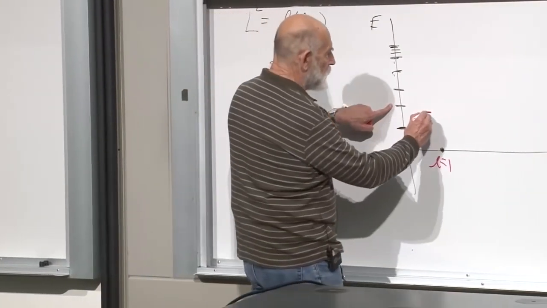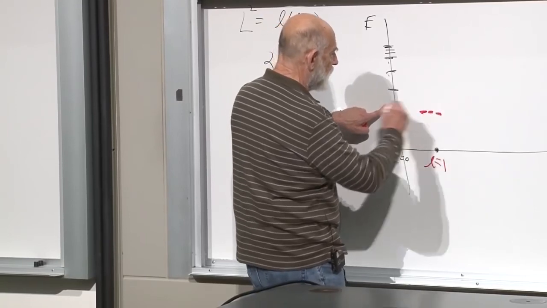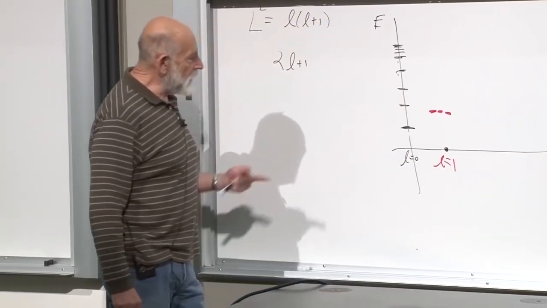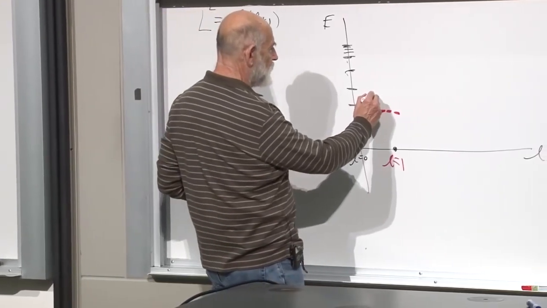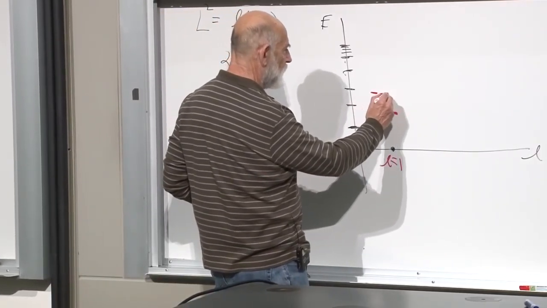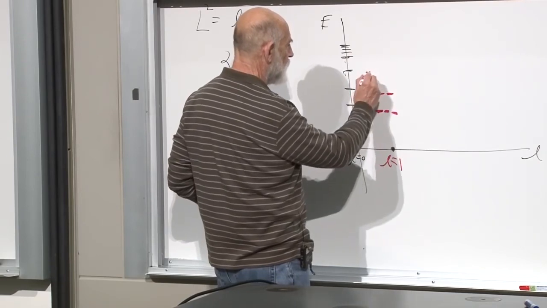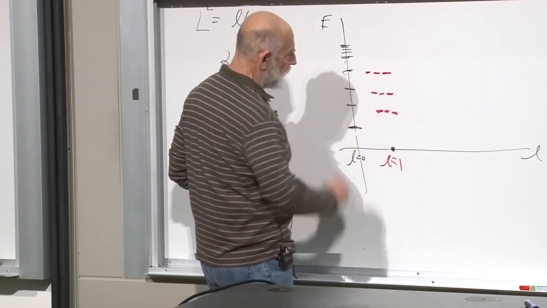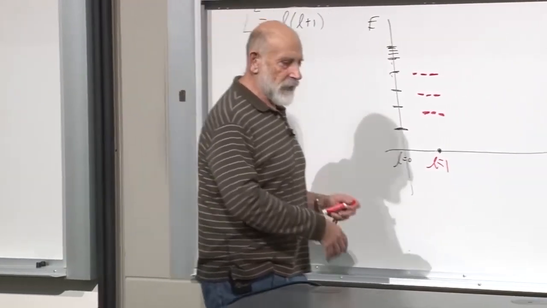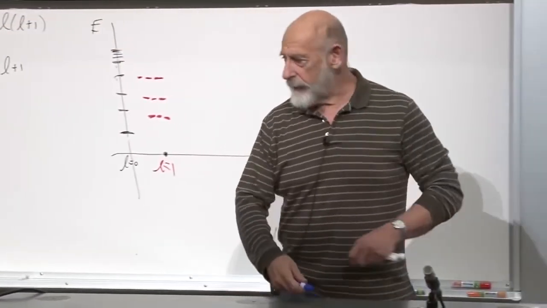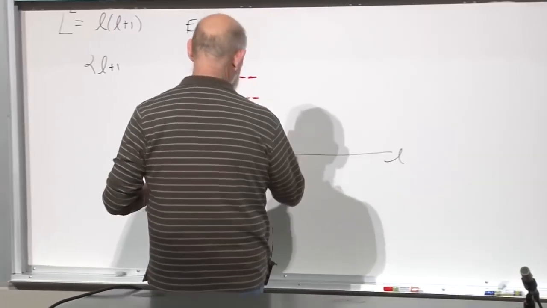It's degenerate with it, so it's 3 states over here. Then the pattern continues. The next 3 states are degenerate with this, and so forth. Degenerate means it has the same energy. Then you go to L equals 2, which is over here.